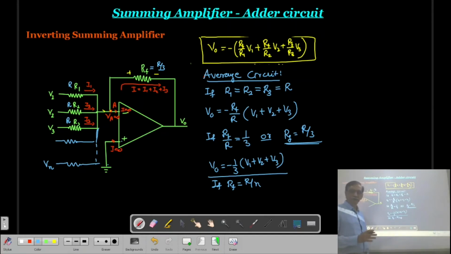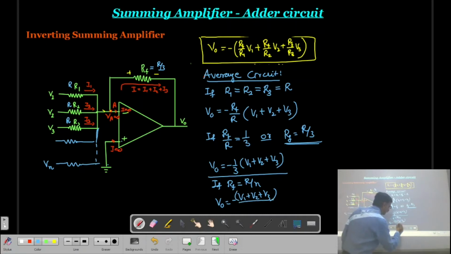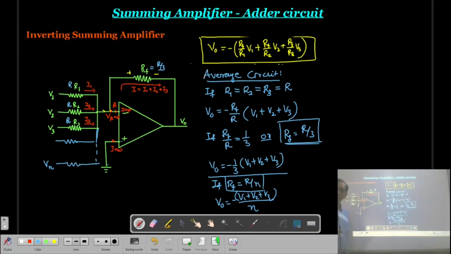If you have 10 different voltages, it will be R by 10. And in that case, the output voltage is given as minus V1 plus V2 plus V3 and so on, divided by N. So you have to remember how to select the feedback resistance. The feedback resistance depends on the number of input voltages you have. So this is about an inverting summing amplifier.